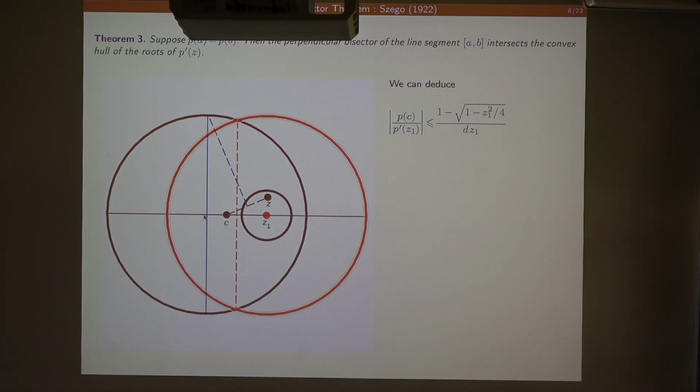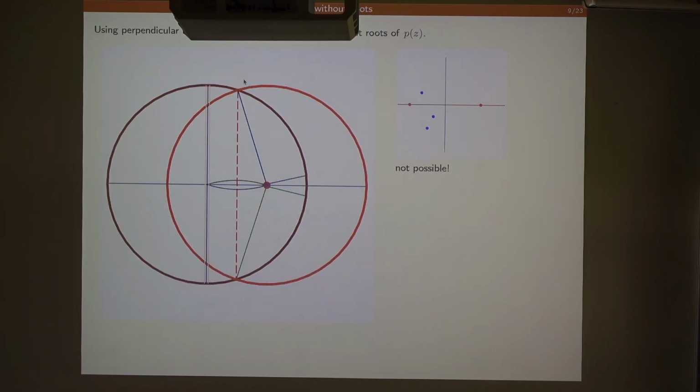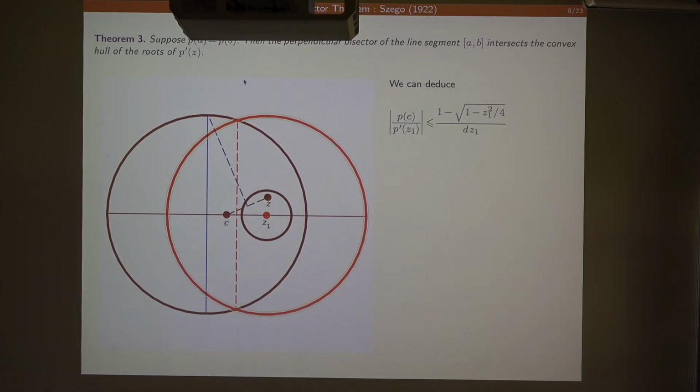And you consider C. The perpendicular bisector of the line segment CZ1 does not intersect the lune, because the perpendicular bisector is like that.